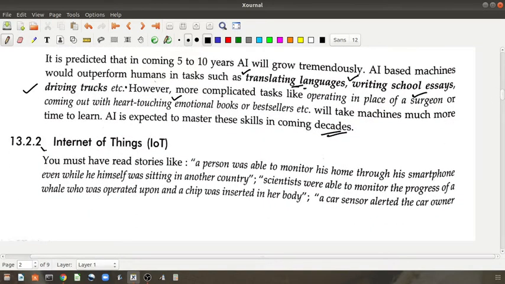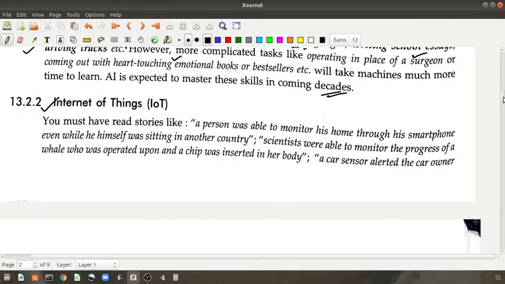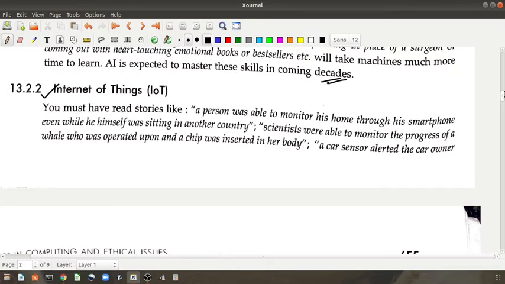Now comes Internet of Things. Internet of Things is basically when devices upload data and transmit it between two devices to control something.